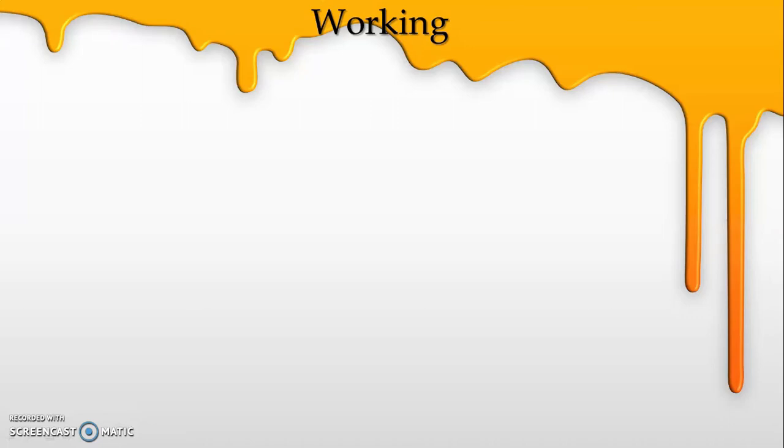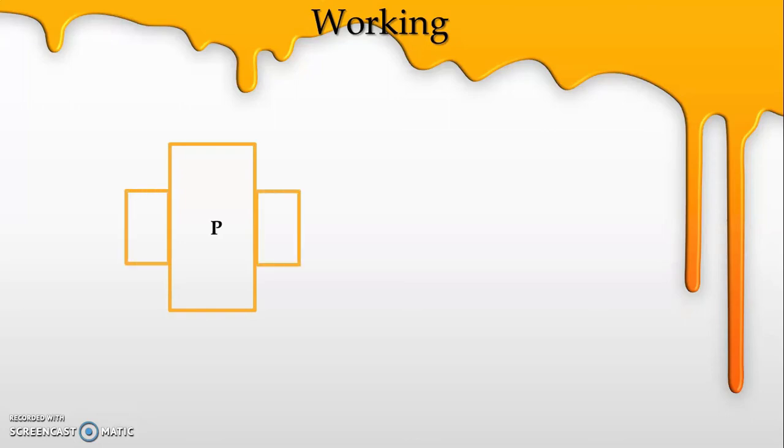Now let us see the working of a P-channel field effect transistor. We have lightly doped P-type semiconductor material, which is known as the channel. On both sides of the P-type semiconductor material, we have heavily doped N-type semiconductor material.